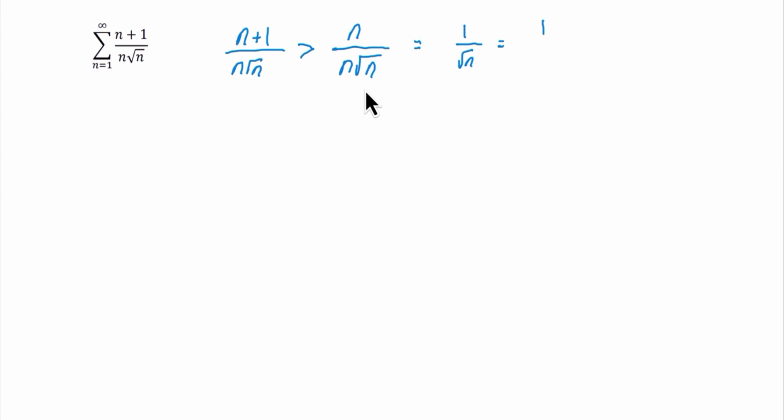Or if we want to think of that as 1 divided by n to the 1/2, maybe it's a little more familiar now. We have the sum from n equals 1 to infinity of 1 divided by n to the half. This is just a p-series. A p-series that has a p-value of 1/2, which is less than 1. And when our p-series has a p-value less than 1, we know it diverges.